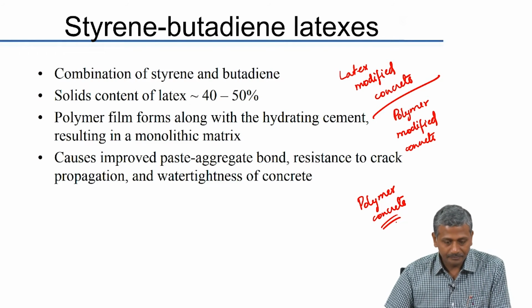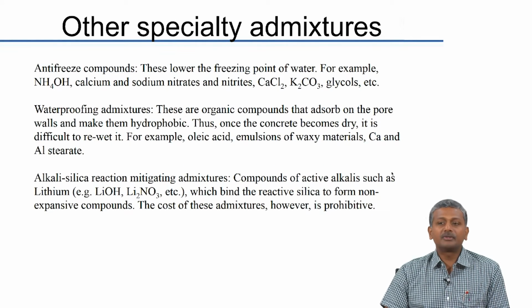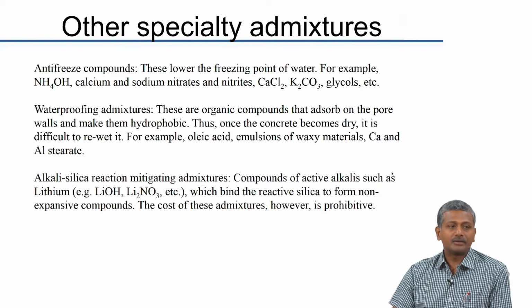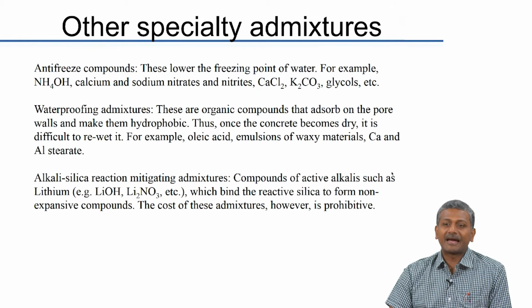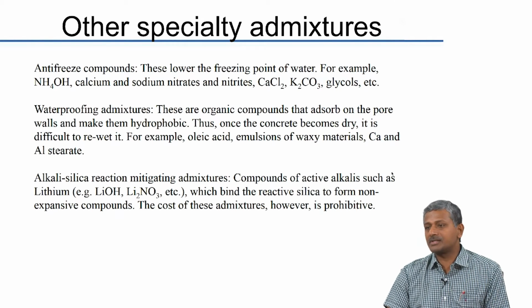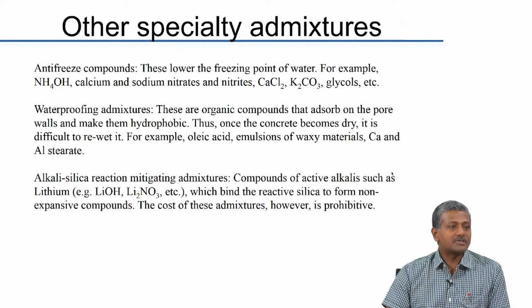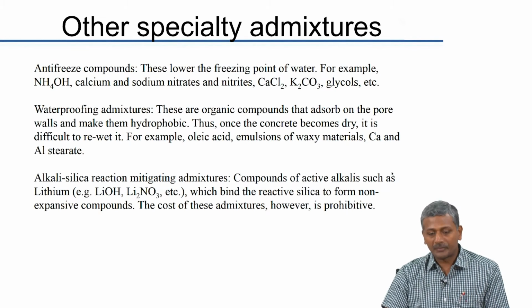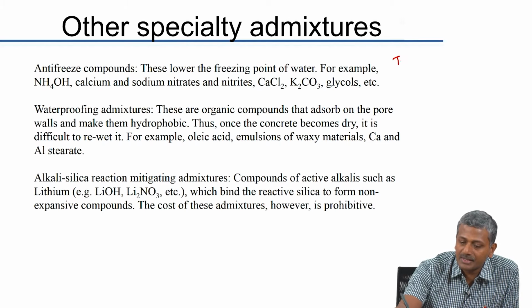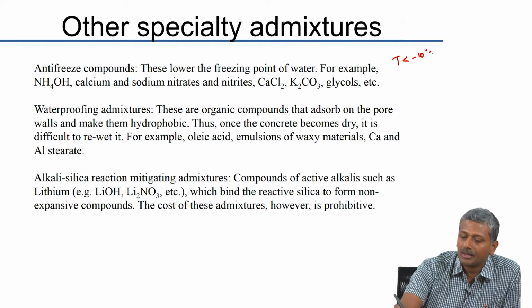And finally, to end this chapter, some other specialty admixtures can also be used, like anti-freeze compounds. When you are doing construction in extremely cold climates, you can add specific chemicals that will help sustain the reaction of the cement with water. Typically for temperatures less than minus 10 degrees Celsius, there is no reaction between cement and water.